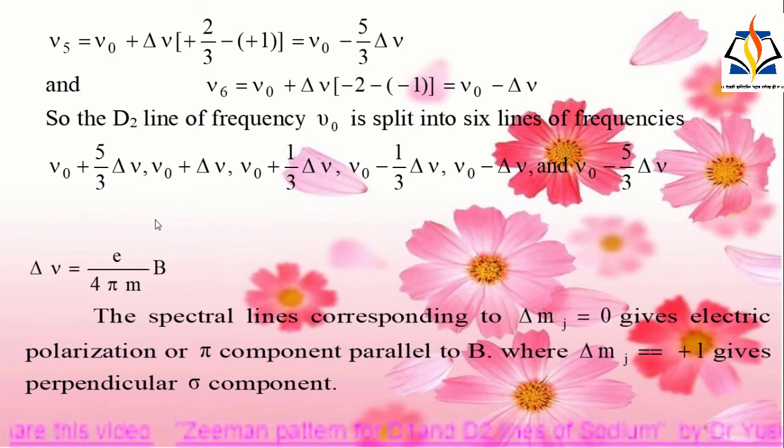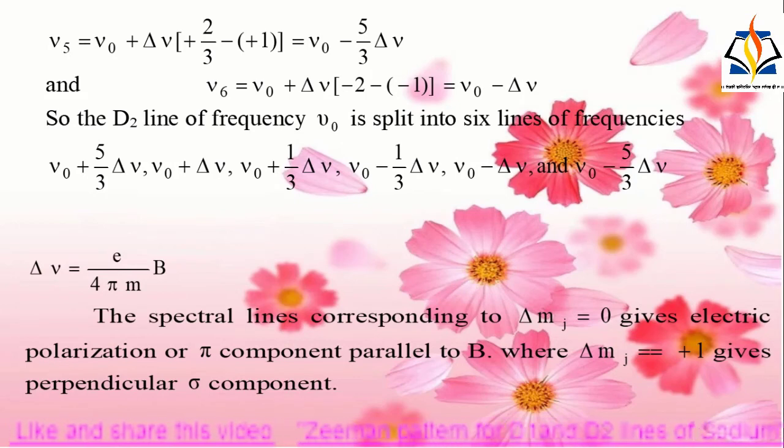Nu5 is equal to nu0 plus delta nu inside the bracket 2 upon 3 minus plus 1 bracket complete, that is equal to nu0 minus 5 upon 3 delta nu, and nu6 is equal to nu0 plus delta nu inside the bracket minus 2 minus 1 bracket complete, that is equal to nu0 minus 3 delta nu.